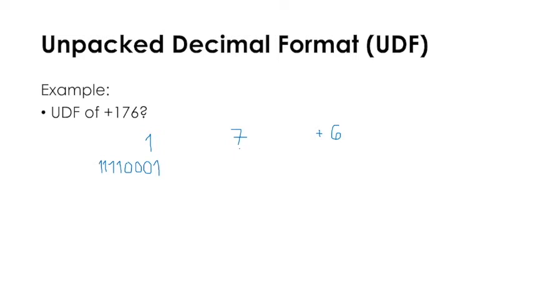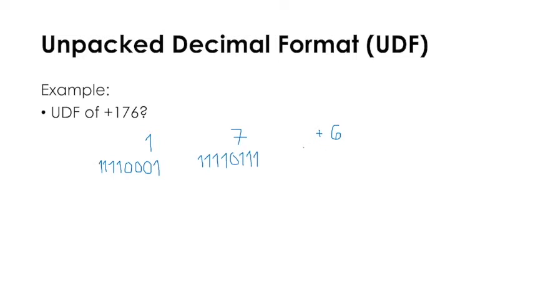For the next digit 7, again, zone bits first, 1111. And the BCD format of 7 is 0, 1, 1, 1. For the last digit, we have the sign bit first.